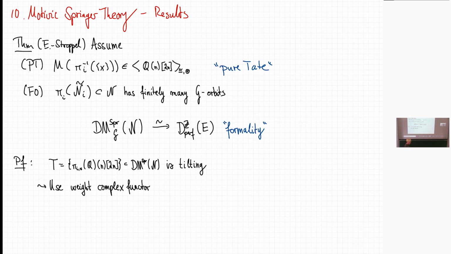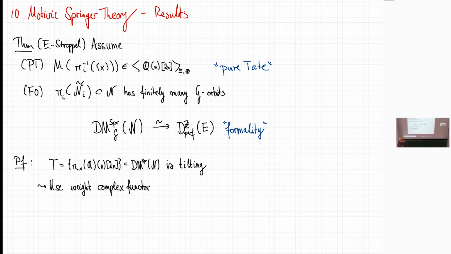So for example, if this space has an affine stratification, which would be the case, for example, in type A Springer theory, it's very nice. Then this would be true. Do you assume there is a stratification? No, there don't need to be such a stratification, just the motif needs to be pure Tate. It's a little bit weaker condition. Yes, but I will talk about this in a second.